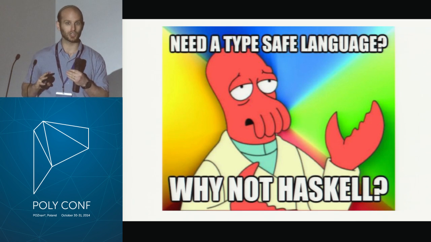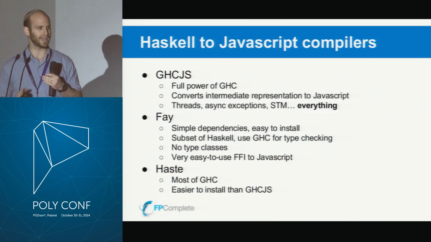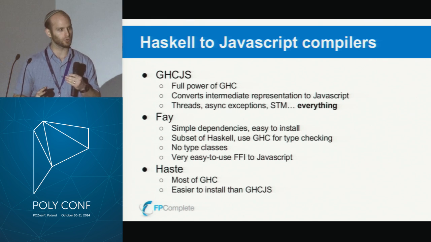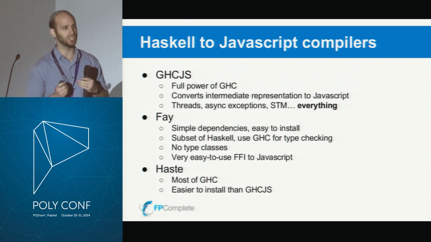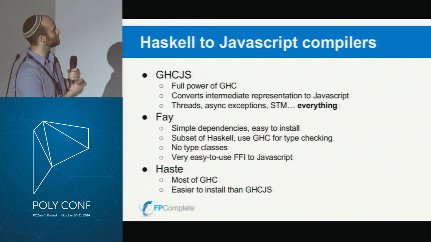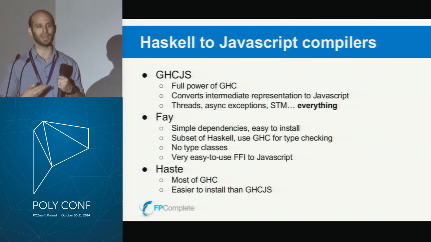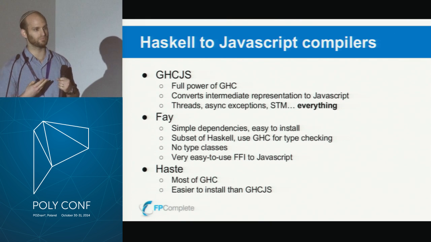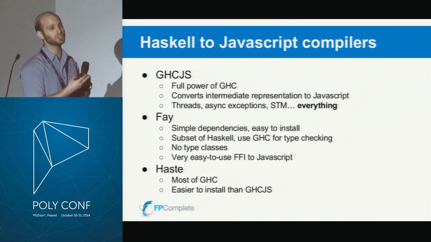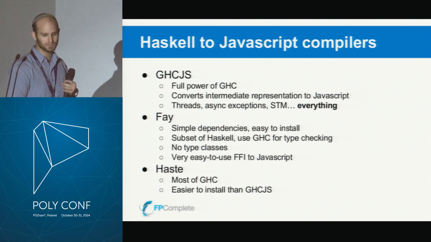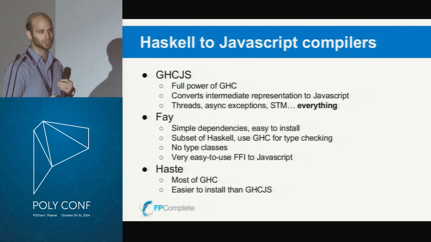It turns out that there are currently 3 popular options in the Haskell world for how to compile your Haskell code into JavaScript. GHC.js is by far the most advanced. GHC is the flagship Haskell compiler. It has many, many features. And in particular, it has all those features that I told you about at the beginning. A very powerful type system, and it's got very nice concurrency.